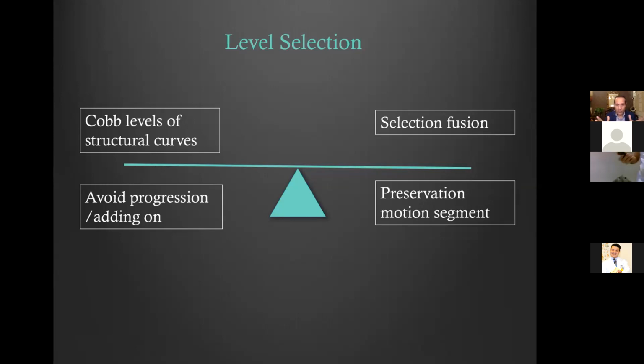So you have to balance between preservation of motion and avoidance of adding-on. You fuse more vertebrae or more curves to avoid progression, and you fuse fewer vertebrae to preserve motion segments.